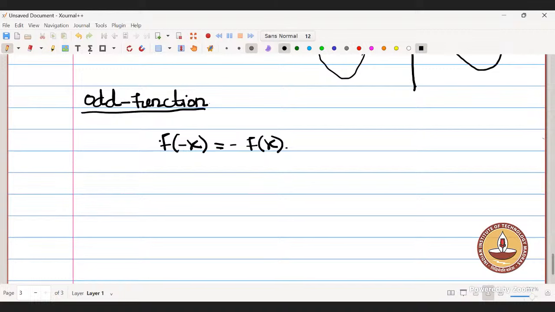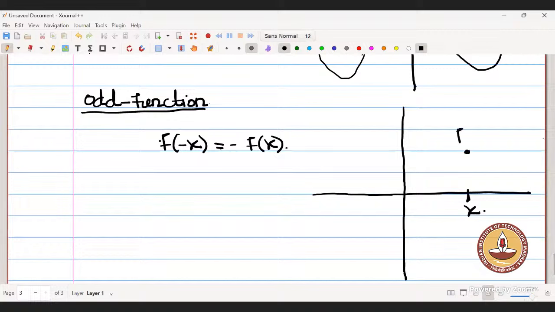Right. So what is it actually saying geometrically? It will have a symmetry about the origin. Not the x-axis, the origin, yes, like sin x. So suppose this is x and this is f of x, then at minus x, what will I get?